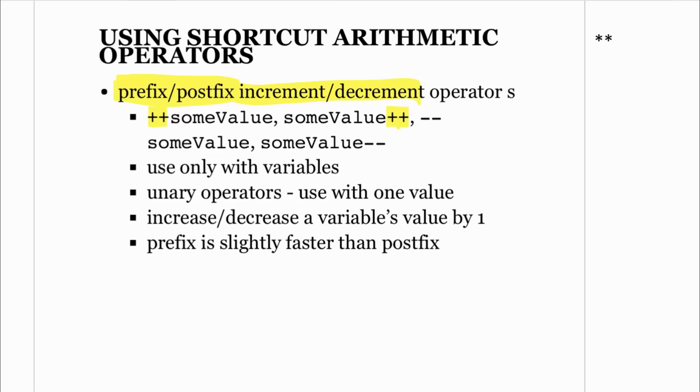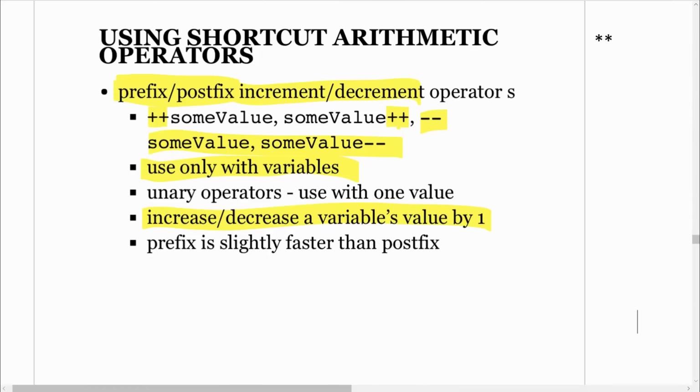So in this case, you have plus plus some value and some value plus plus. There are different ways you can add 1, or you can use it with the minus sign here. You can put 2 minus signs at the beginning or the end of a variable. One thing to keep in mind is that this only works with variables, and it'll increase or decrease a variable's value only by 1.